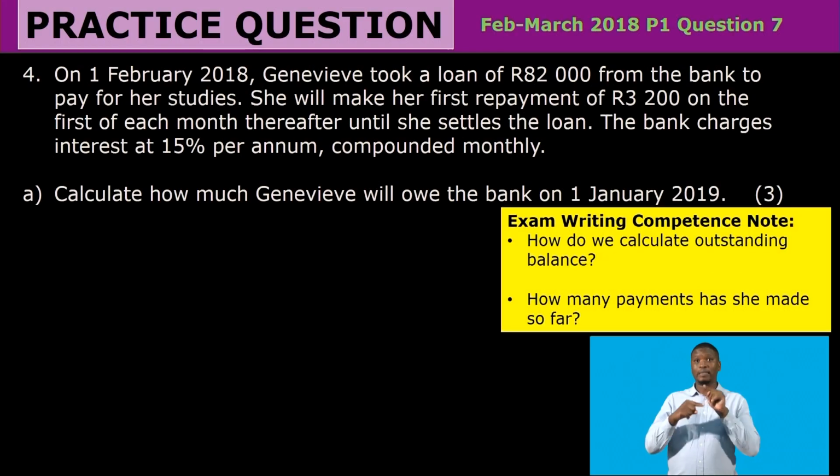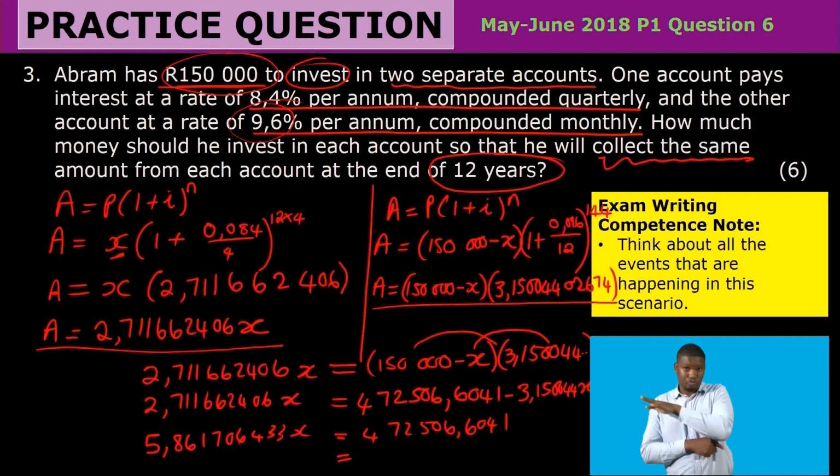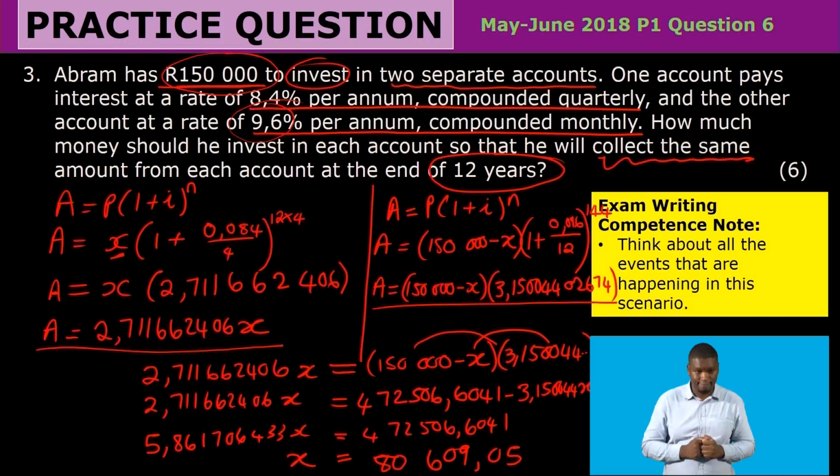And when we divide both sides by that 5,861,706,433, we are going to get an X value of 80,609 rands and 5 cents. So that is the amount that must go into the first account.